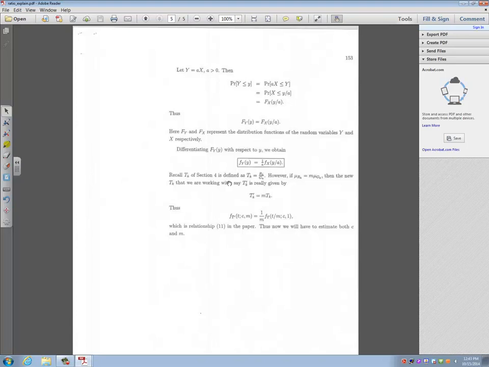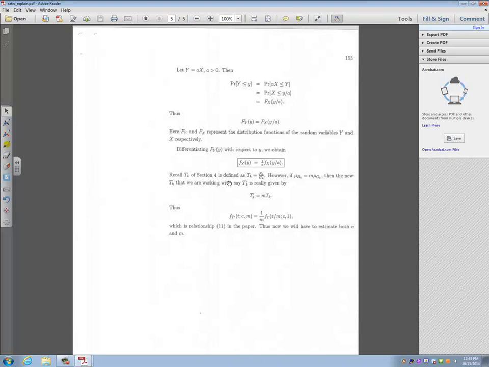And the way it's going to be applied is that if one of the two channels, the red or the green, has a higher intensity, then instead of testing if the ratio is close to 1, you will test that the ratio is close to m. So recall that TK, which is the ratio in section 4 of the paper, and we'll get to the paper in a few minutes, is defined as the ratio of the red to the green.